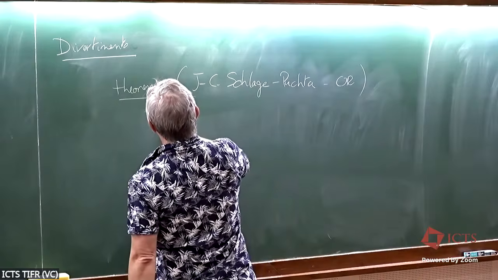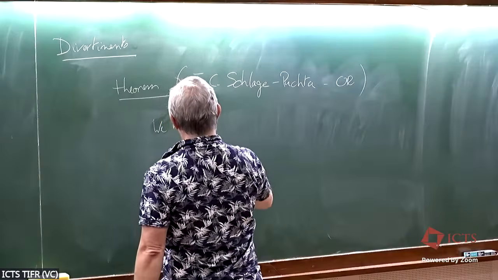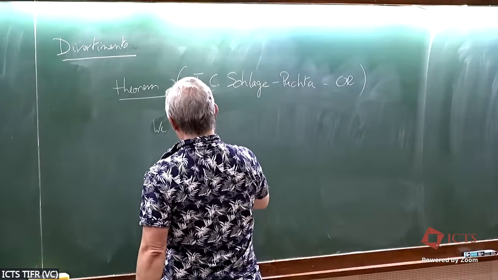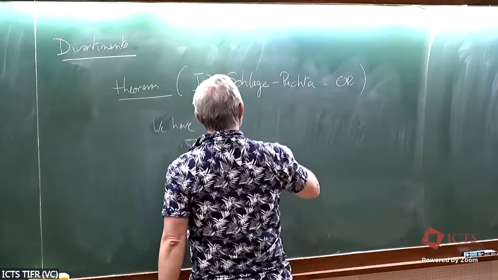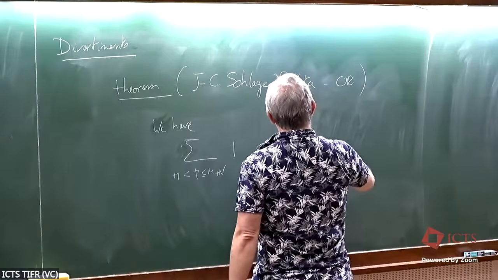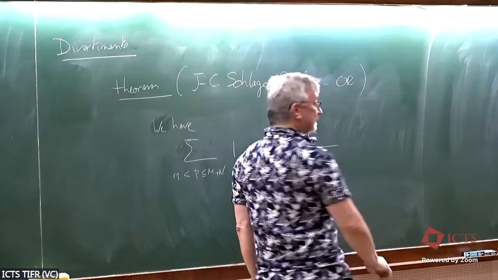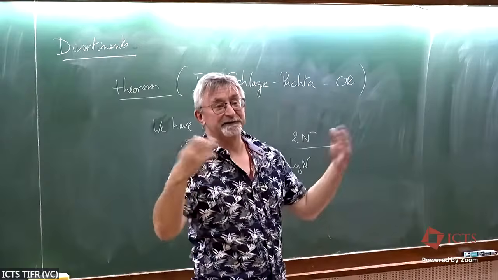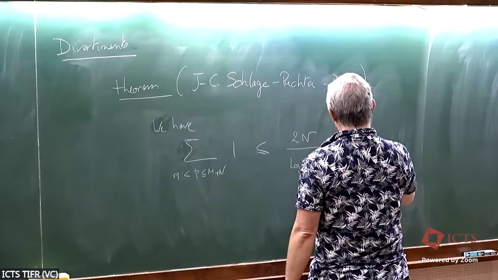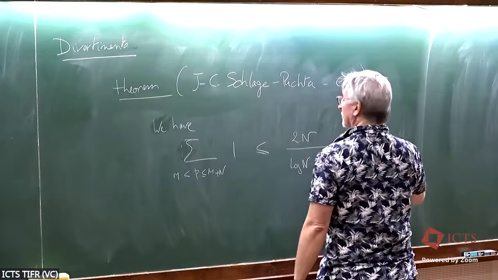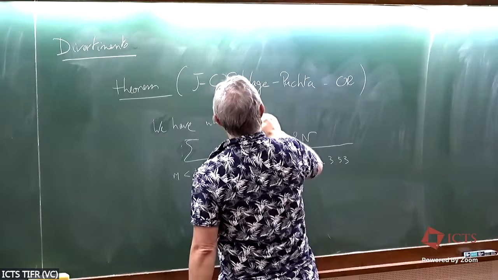The number of primes in an interval M plus N of length N is less than 2N upon log N, you're getting used to this 2N upon log N that you see and see again, plus 3.53, when N is large enough.